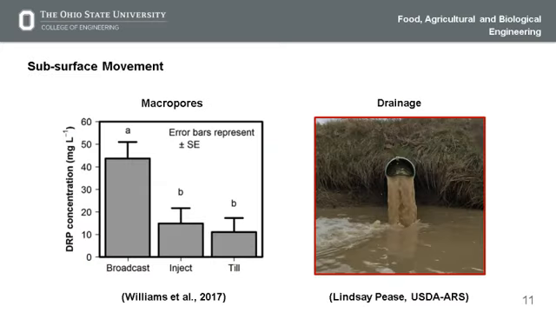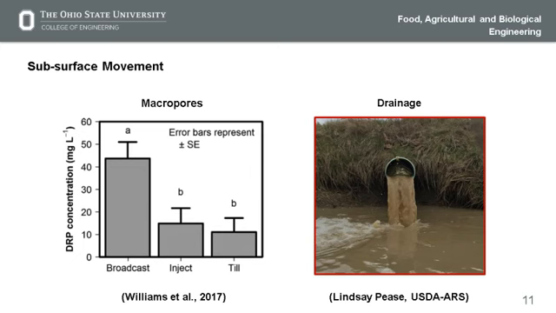Another method of loss would be through the macropore movement. This was a study done by the USDA, and they took 3 different methods of fertilizer application: broadcast, injection, and broadcast with tillage. They were able to look at movement throughout the soil profile.